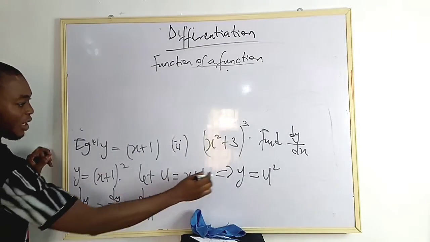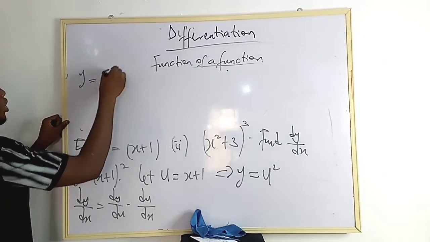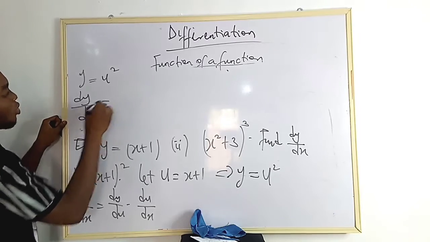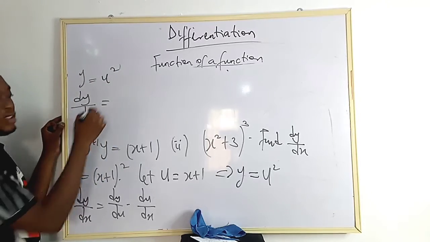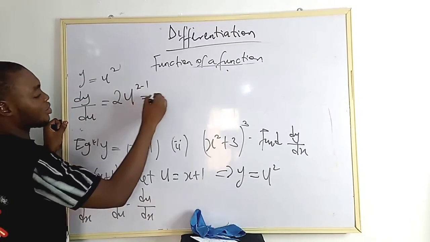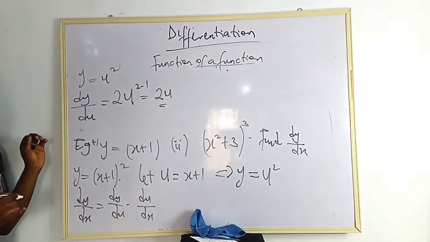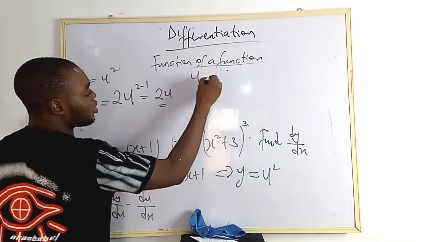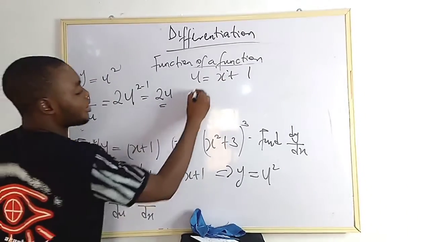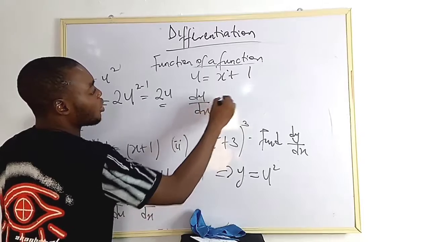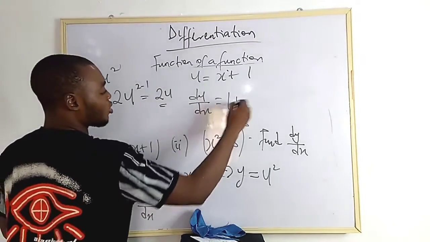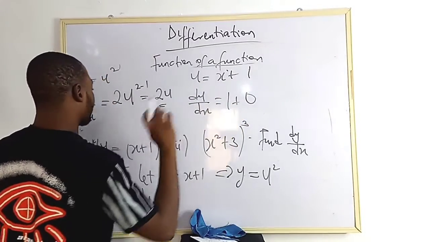Our y is equal to u squared, so dy/du will be equal to, just the way we differentiate x squared, bring 2 here, 2u raised to power 2 minus 1, which is 2u. That's our dy/du. Our u equals x plus 1, so du/dx is the derivative of x, which is 1, plus the derivative of 1, which is 0. So that's just 1.